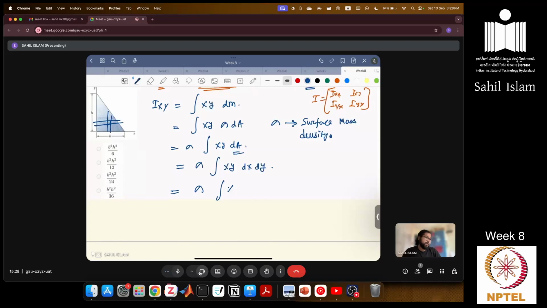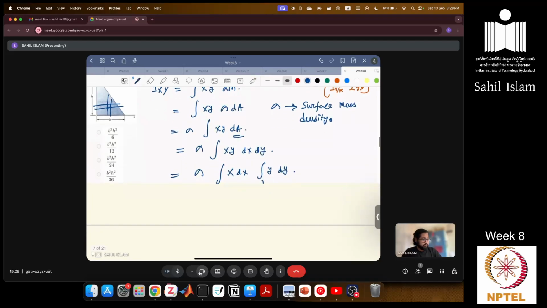So let's say we fix x first and do the integral over y dy. Now when we integrate along the y axis, we go starting from 0 to this line. So this line is basically y as a function of x. So it will be 0 to y as a function of x.